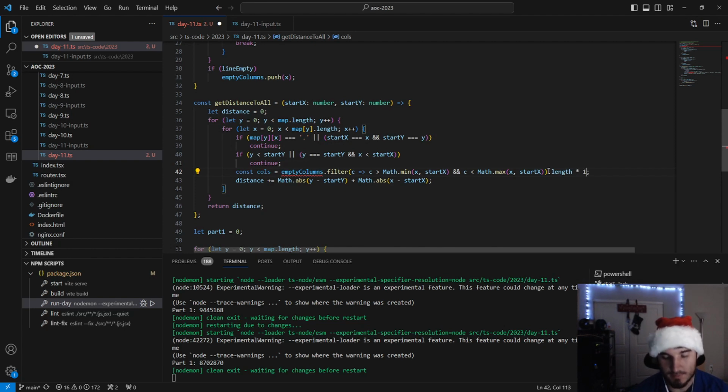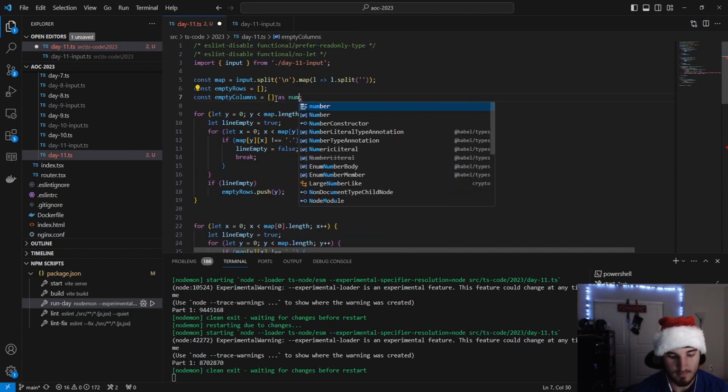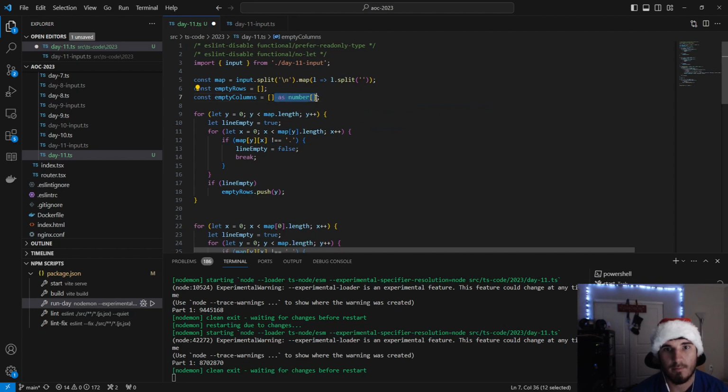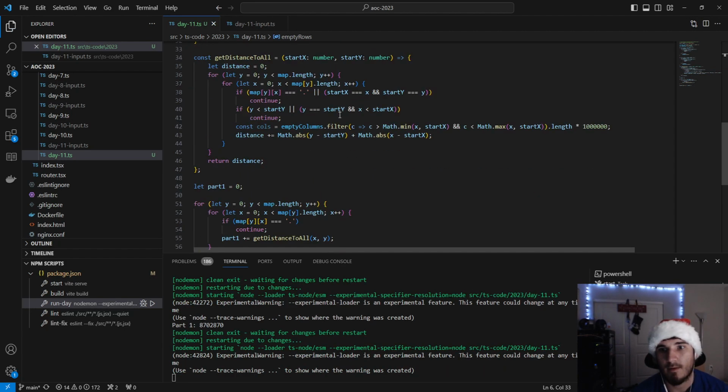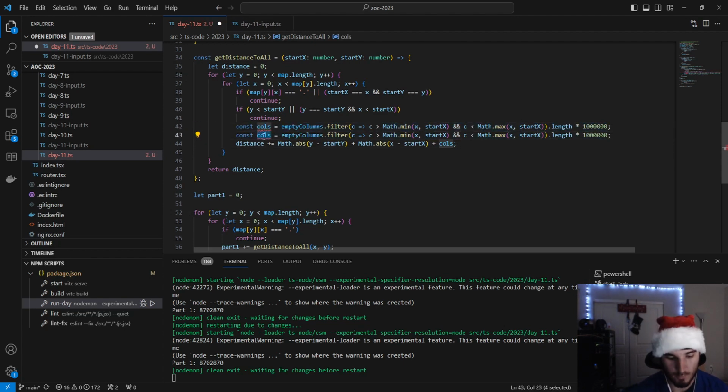Length times 1,000,000. And so now we can just add it on to this and do the exact same thing for rows.